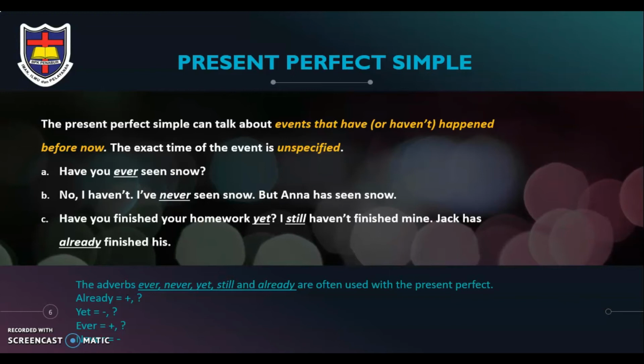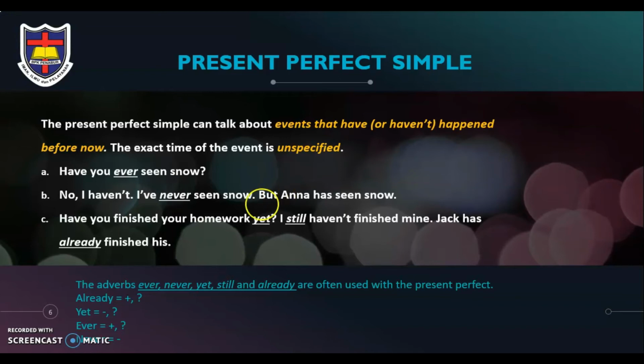Have you ever seen snow? Ever in interrogative. No, I haven't. I have never, never for negative. I have never seen snow, but Anna has seen snow. Last, have you finished your homework yet?